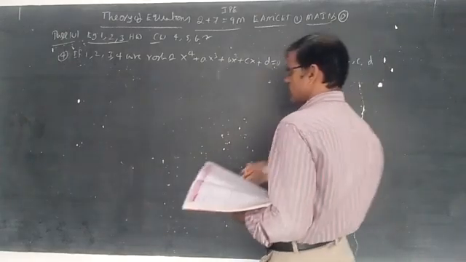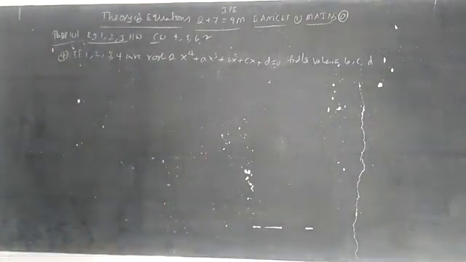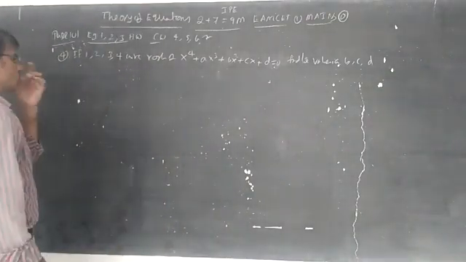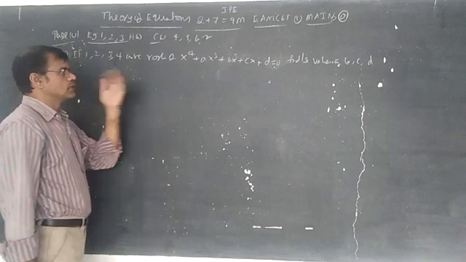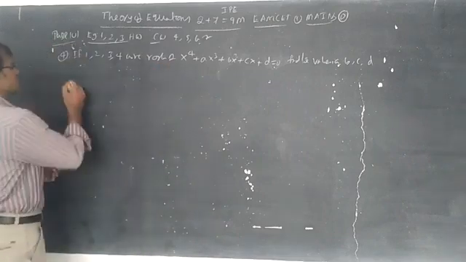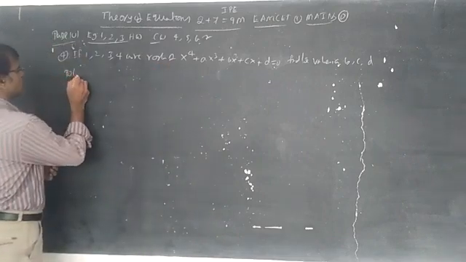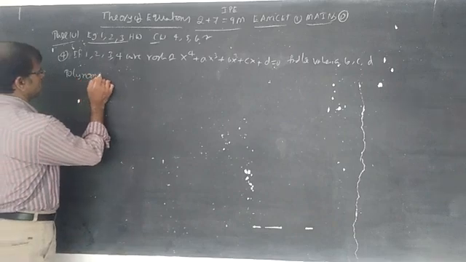Whenever one root is given as 1, then the leading coefficient is 1. I am writing the polynomial equation.